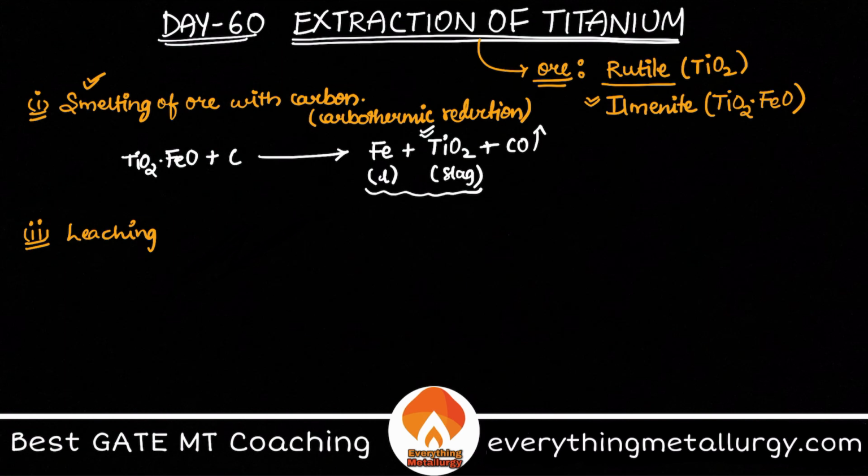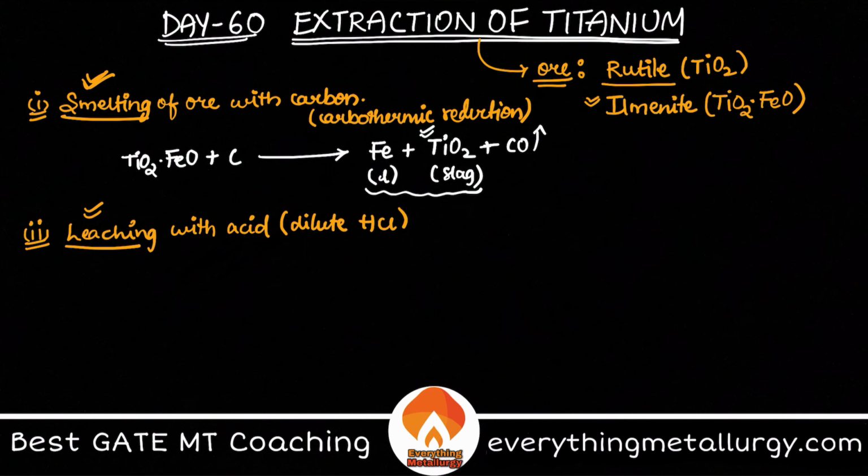Now what is leaching here? Leaching is nothing but washing this slag with some reagent, and here leaching is done with the help of acid. The slag particles are leached with acid, usually dilute HCl. What is the principle of it?